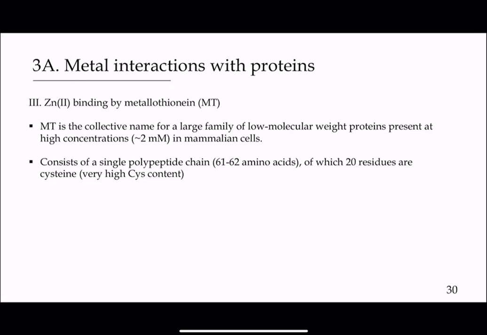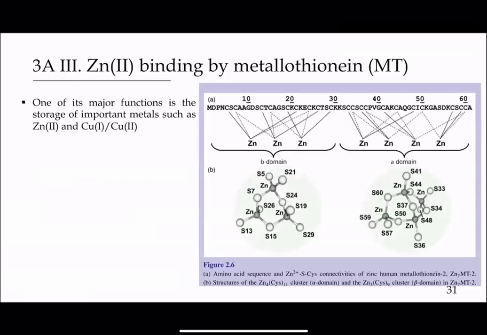These are low molecular weight proteins and they're quite concentrated. There's about 2 millimolar in the mammalian cell. 2 millimolar may not seem like it's high, but it's actually quite a high concentration, especially for proteins. These consist of 61 to 62 amino acids, of which a third are cysteines. Cysteine has a sulfur site that facilitates coordination to the metal.